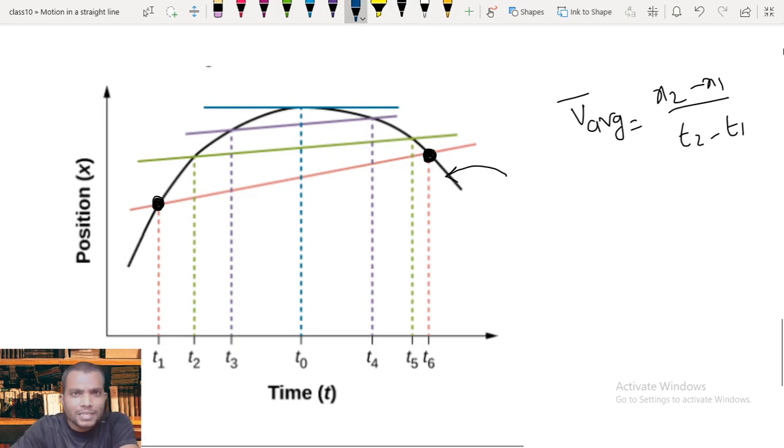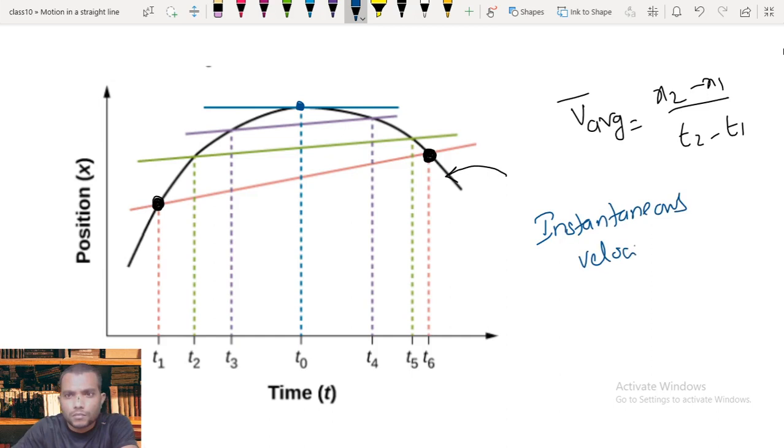But to find the instantaneous velocity at that given particular time, this formula won't work, because we are having a time dependent factor, a single term.